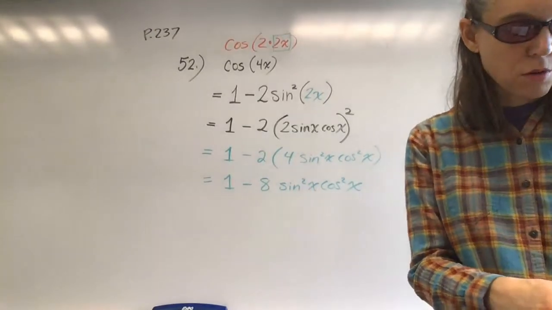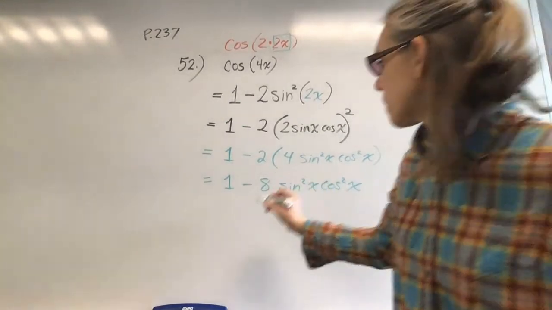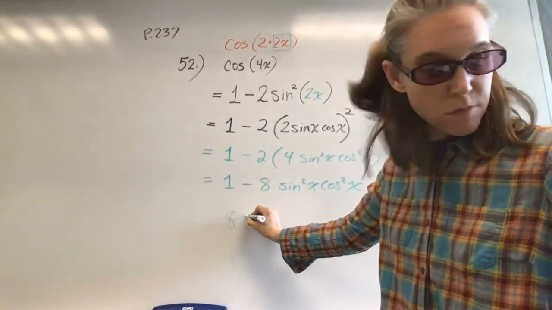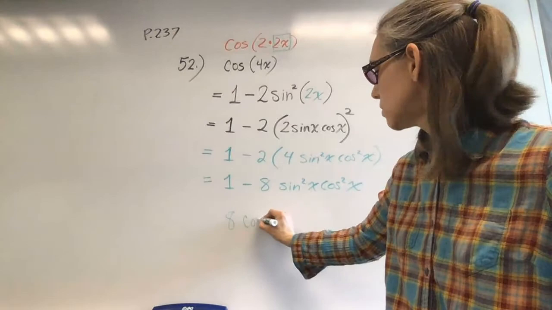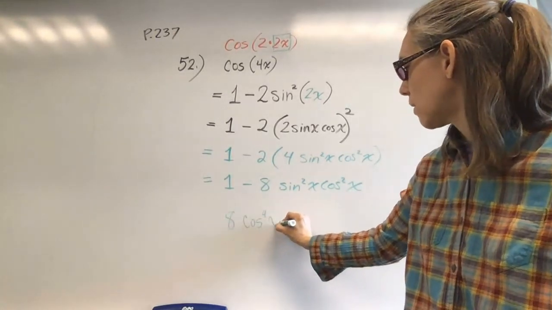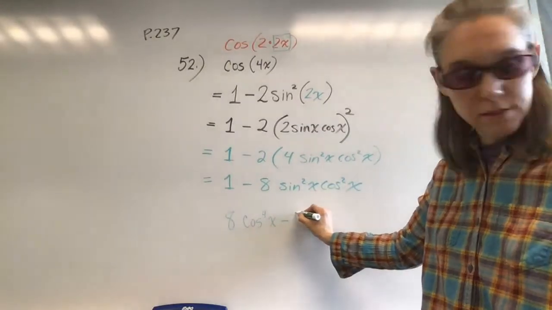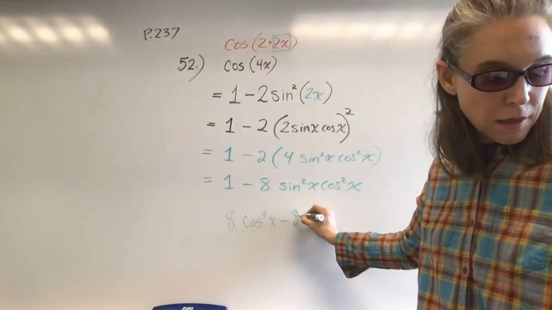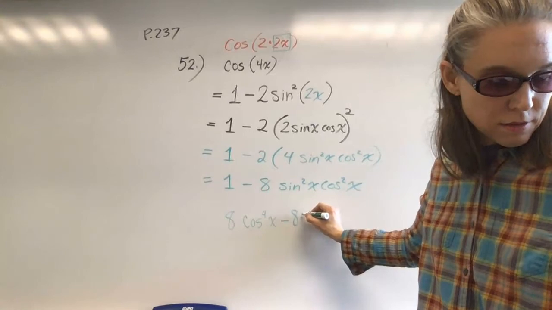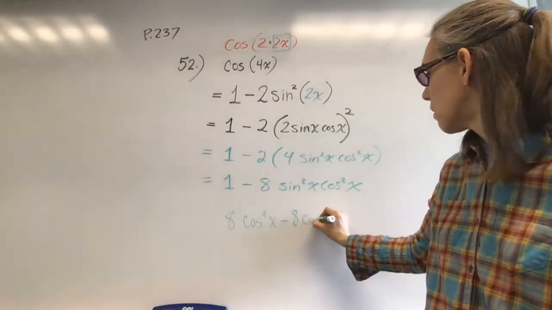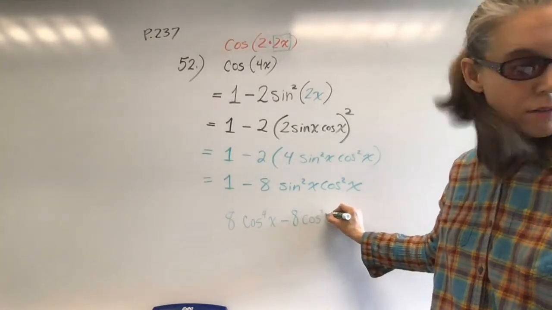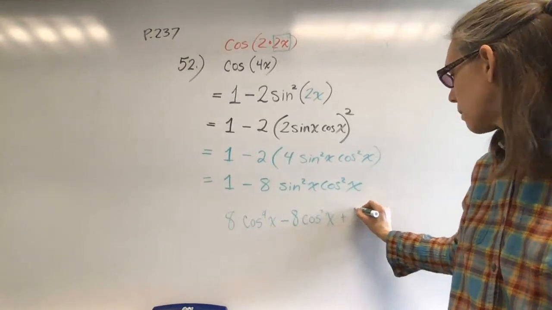So the book has for the answer 8 cosine to the 4th power of x minus 8 cosine squared x plus 1.